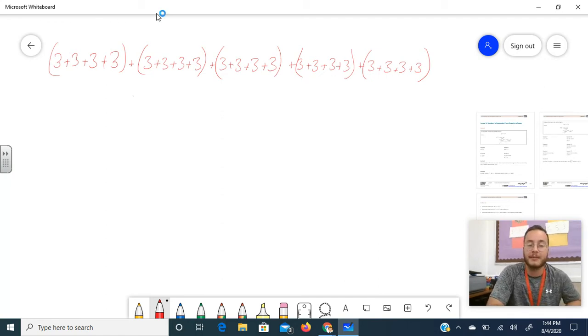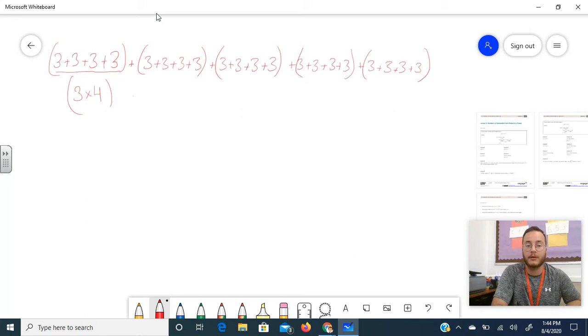But let's look, I have it separated into parentheses. So inside this parentheses, I have 3 plus 3 plus 3 plus 3. Now, that we know is repeated addition, which is also what? Multiplication. So if I have 3 repeated four times, then it is 3 times 4.